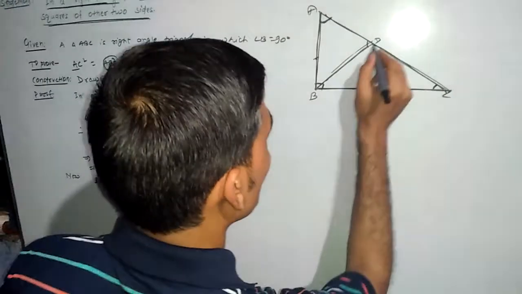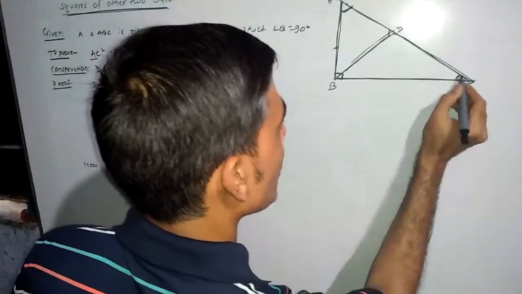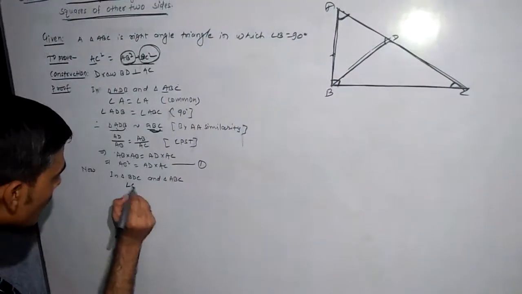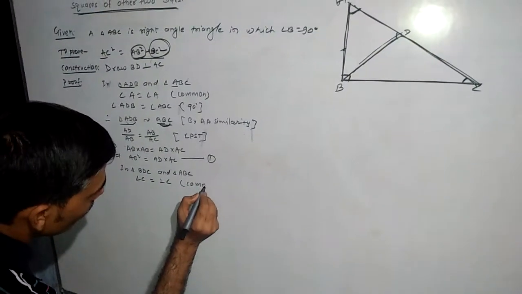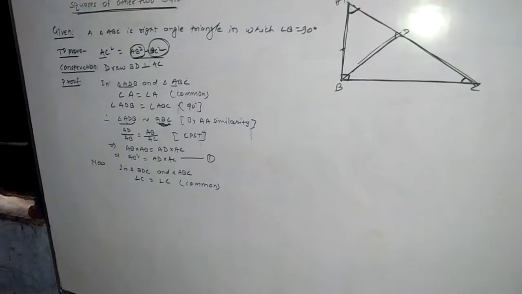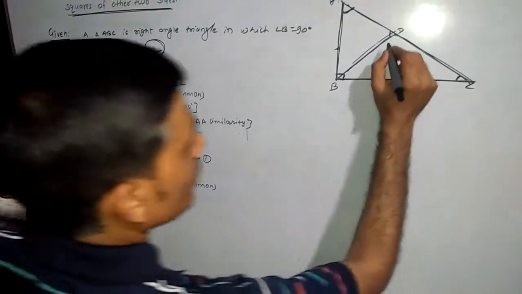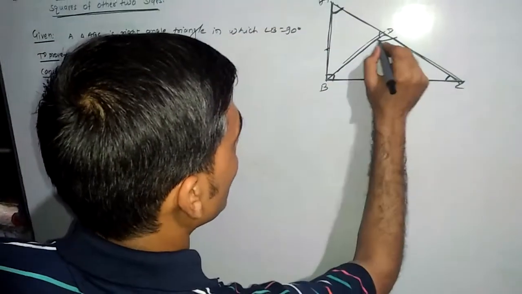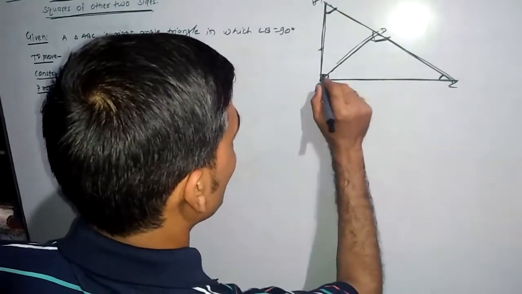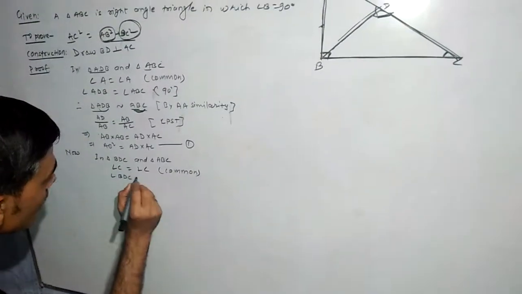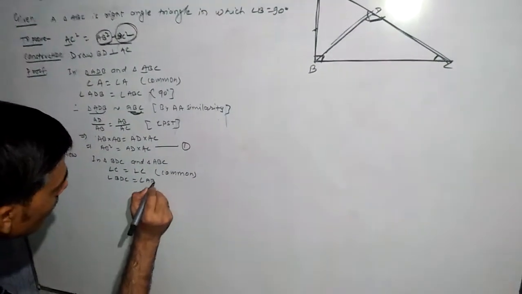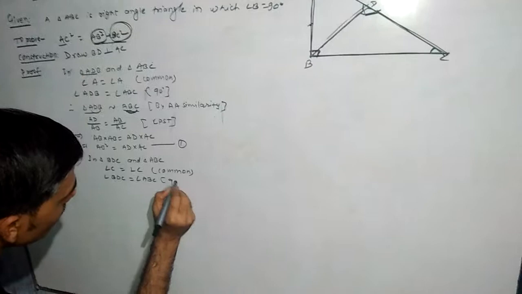Angle C. In triangle BDC and ABC, angle C is common. Angle C equal to angle C, common. And angle BDC, here it is 90 and it is also 90. Angle BDC equal to angle ABC, 90 degree.